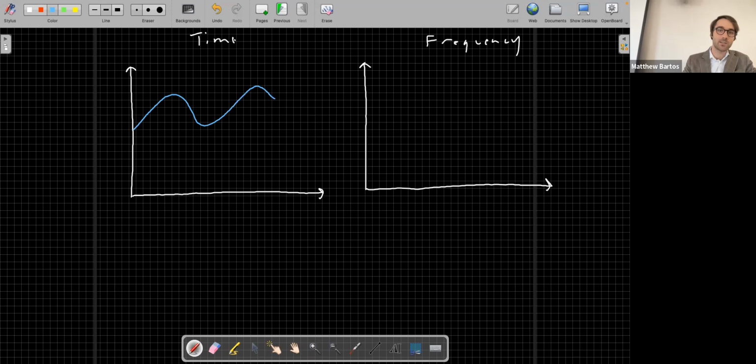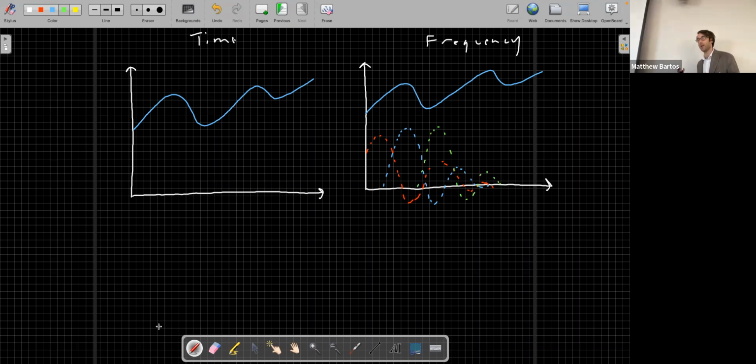What we're going to do is when we put it into the frequency domain, we're going to have that same function, but we can represent that function as an infinite sum, so an integral of complex exponentials, i.e., sinusoids that grow or decay over time. So this can be applied to any continuous function, right? We're taking this function and we're decomposing it into a new basis, a basis of complex exponentials.